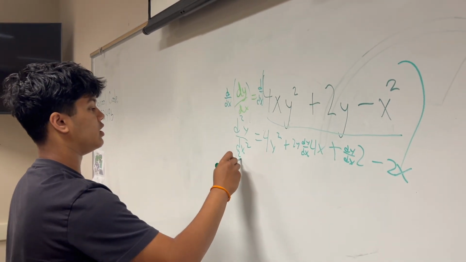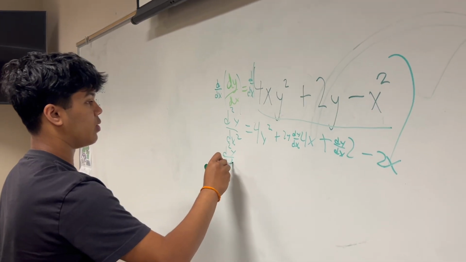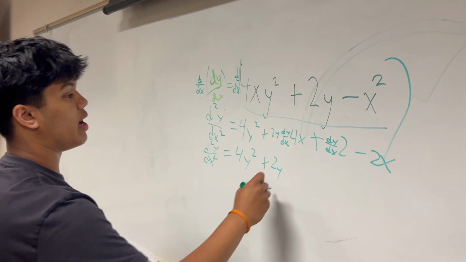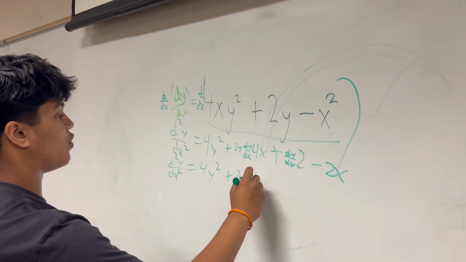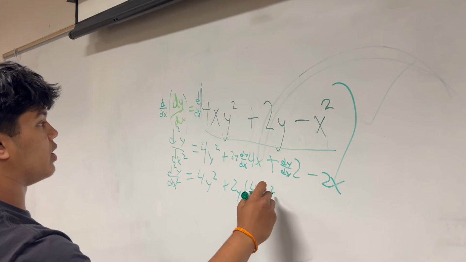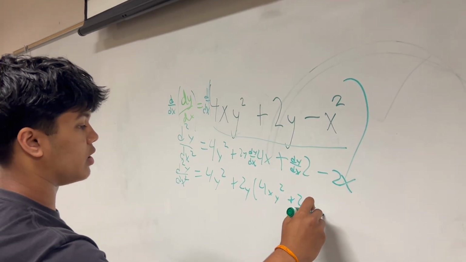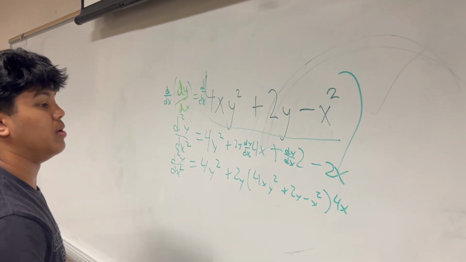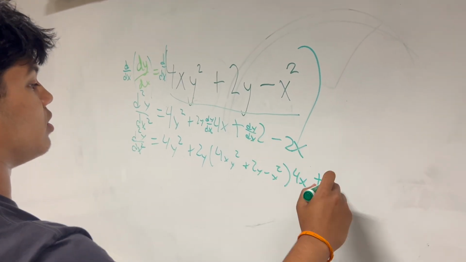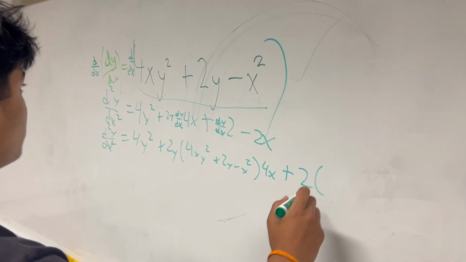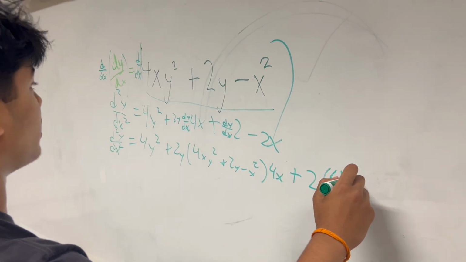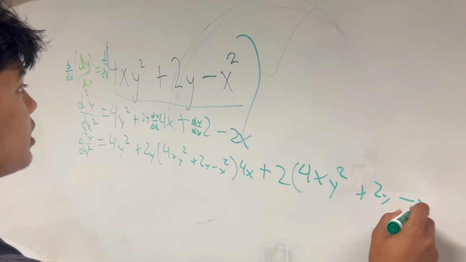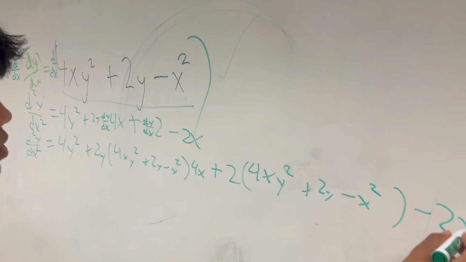So d squared y dx squared is equal to 4y squared plus 2y, and then this is 4x y squared plus 2y minus x squared times 4x, and then plus 2 times all this again, because that's dy dx. 4x squared, 4x y squared plus 2y minus x squared, then minus 2.